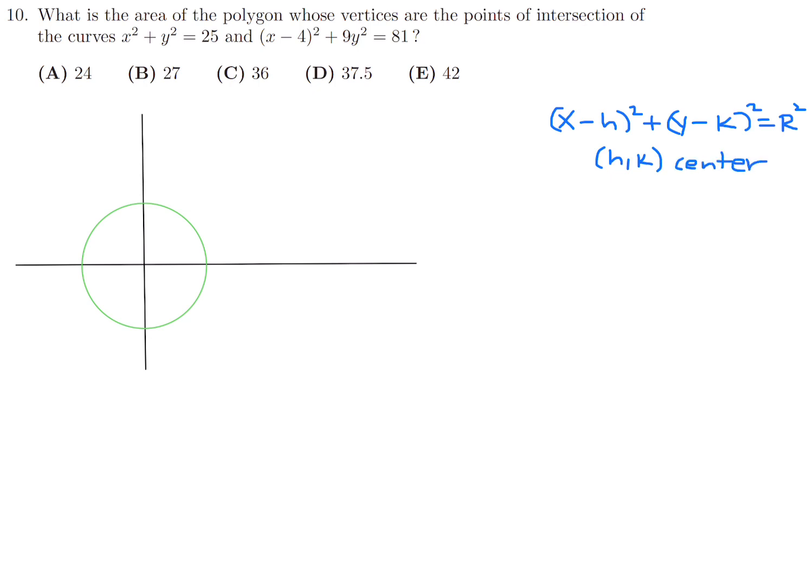It's just x squared plus y squared, so that means the center is 0 right here, and the radius is 5, so this is 5, and this is negative 5, and so on. But what about the next one? The next one is a little bit different. You got this 9 in here, so that makes it not a circle. If it's not a circle, well, what is it then? It is an ellipse. And that is the story of this question.